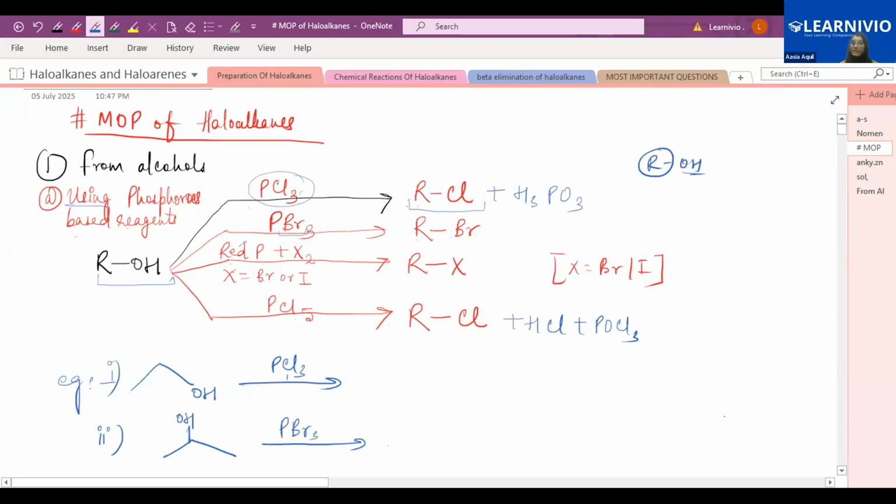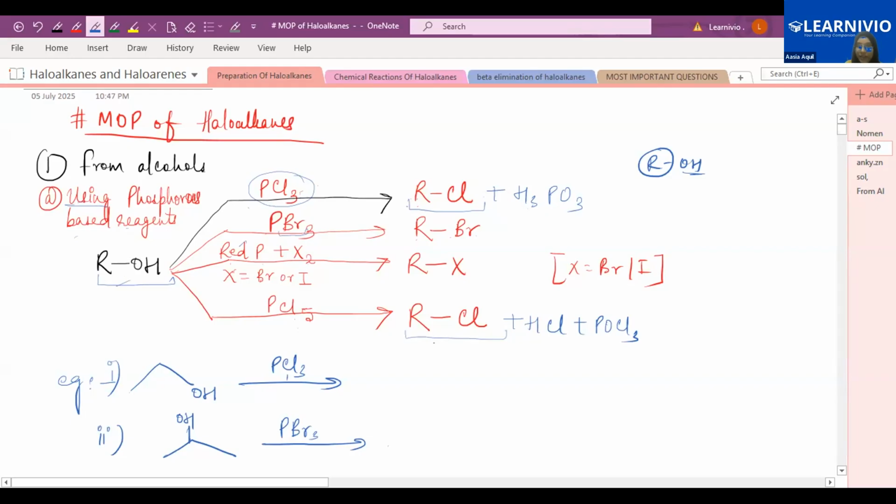So basically, when you are using the phosphorus reagents, in each and every case you will get the haloalkanes. See the PCl5. When you treat it with PCl5, again you will get the RCl. Basically this OH will be removed from here, right?